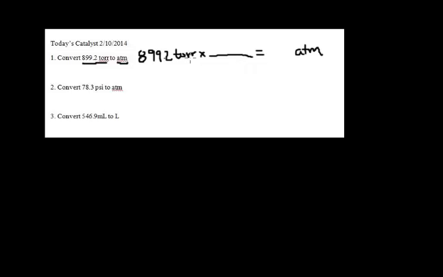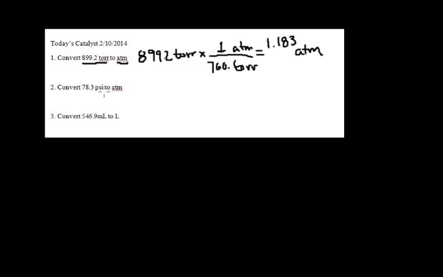And torr goes on the bottom, ATM on top. And so these numbers come from to your left right now on those cabinets, that pressure conversion sheet. So obviously it's 1 ATM, you can see up at the top. But for torr, you're going to have to go down a little bit to 760. And if you do this math, it should be 1.183 ATM with 4 significant figures.